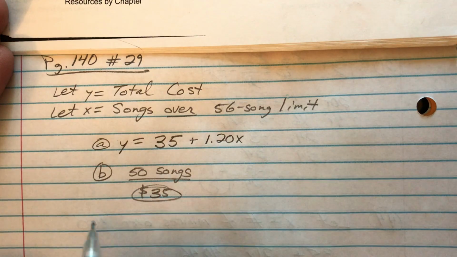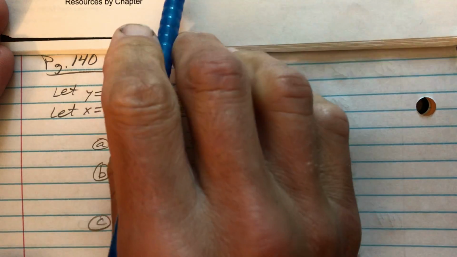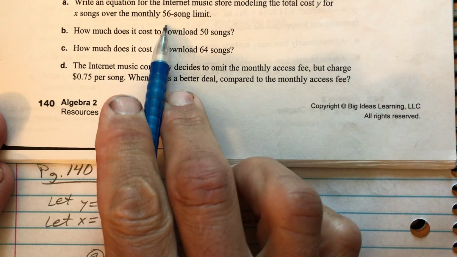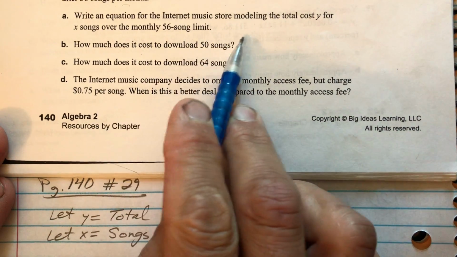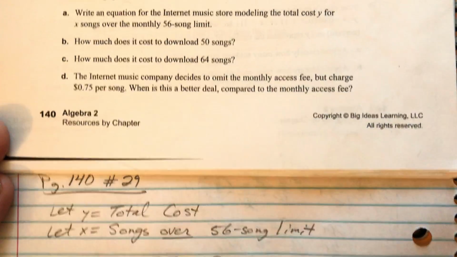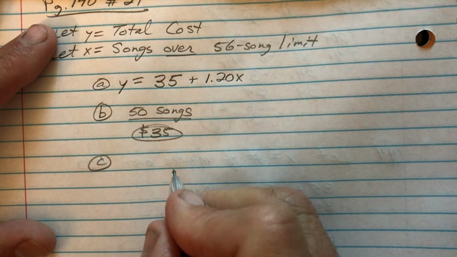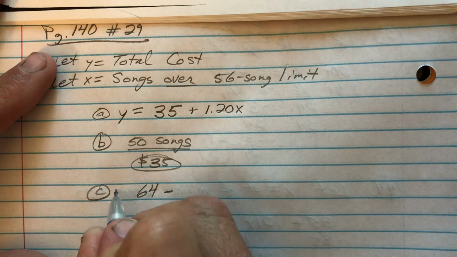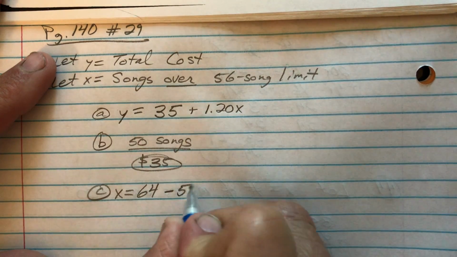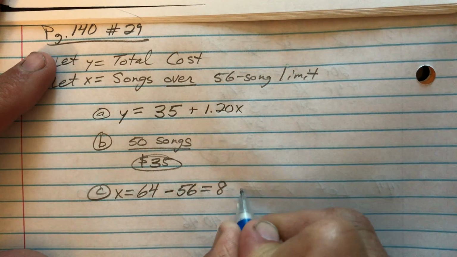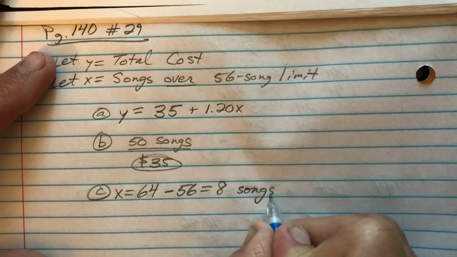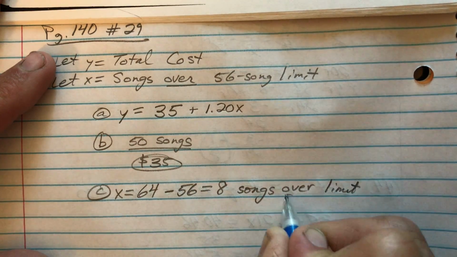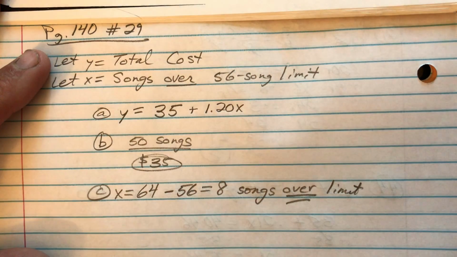Now in part C though, it says 64 songs. 64 songs is over the limit. And remember, X is songs that are over the limit. So first, to do part C, we'll take 64 minus 56, we got to figure out what X is. So that's 8 songs over the limit. That's what X will be.